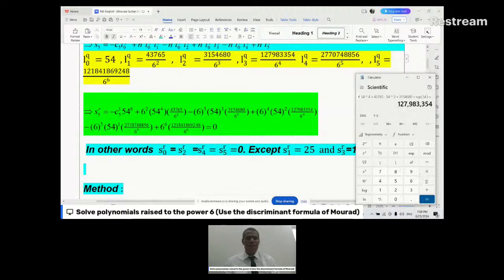Minus now. Minus 54 only, times 2,770 million, 748,856.